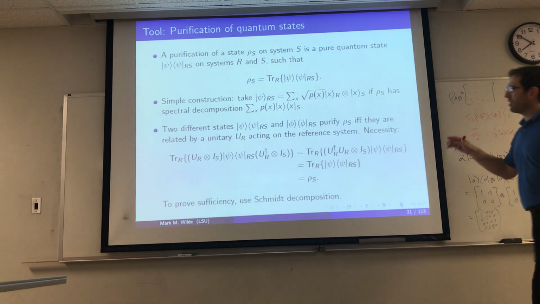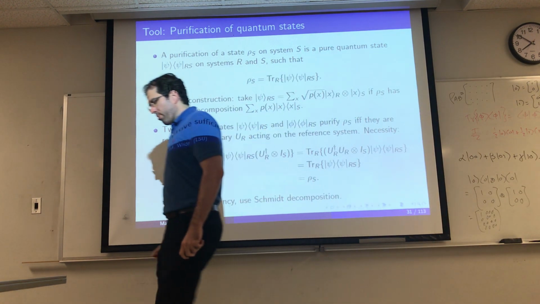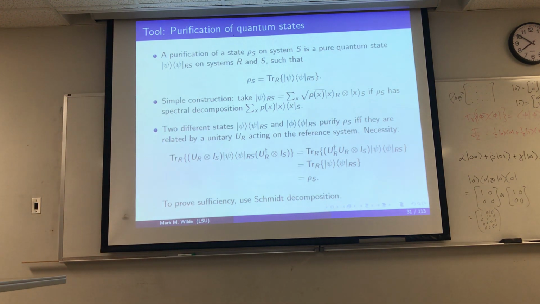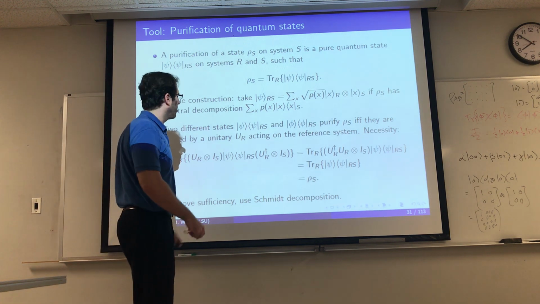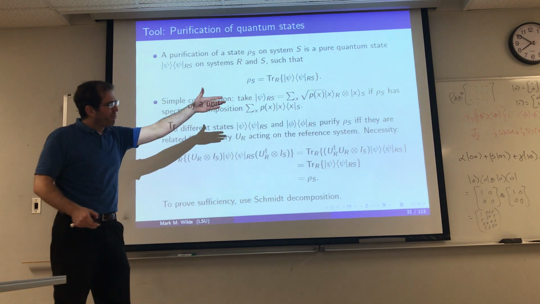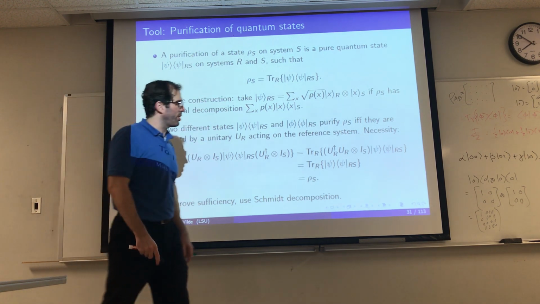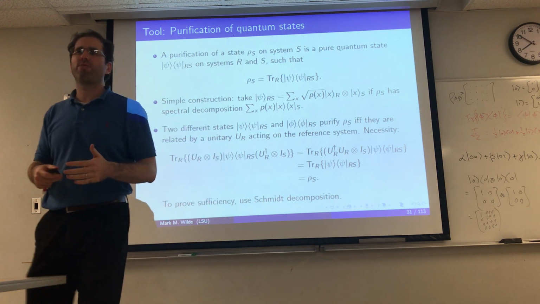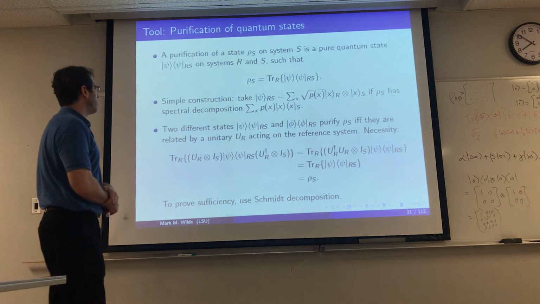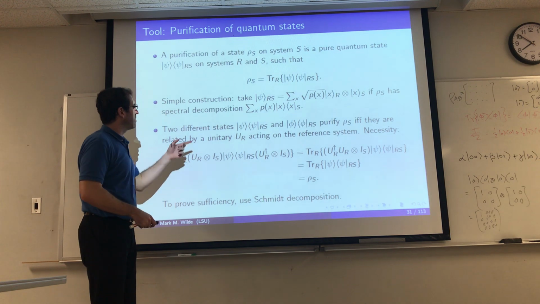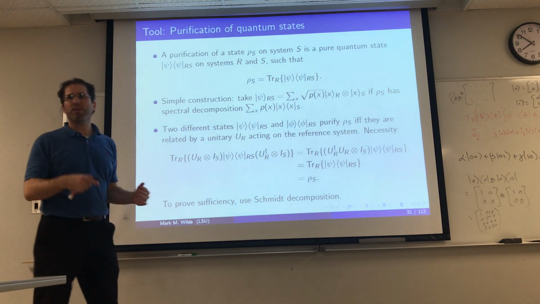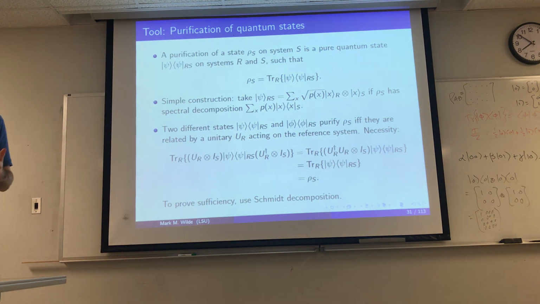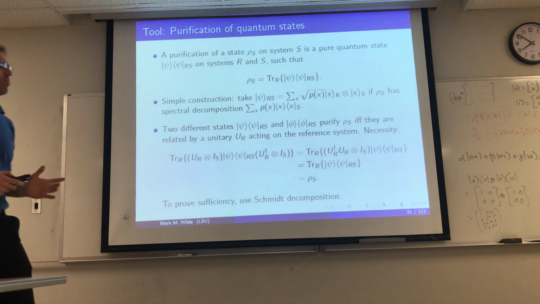So the next thing you want to figure out is what's called the equivalence class of these purifications. You have this freedom in purifications, right? You can have multiple different purifications of the same state, but the constraint is that they must be related by a unitary operation acting on the purifying system. That's something you can prove.